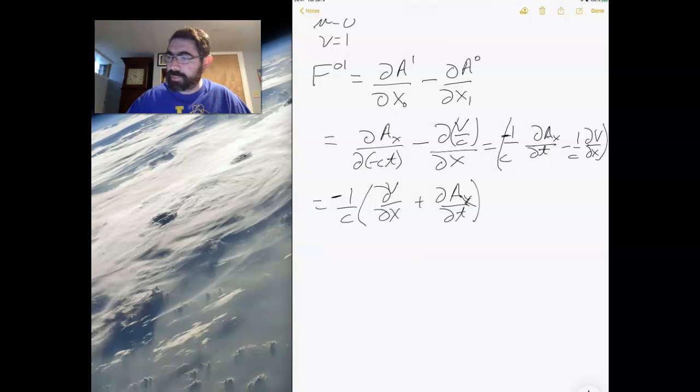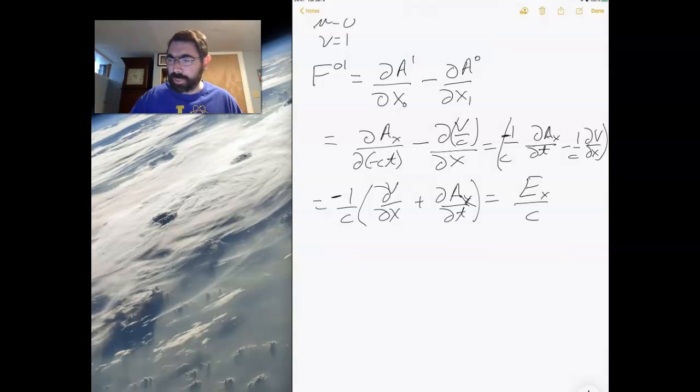So this is the x component of what we wrote down before. So this is essentially Ex over c, which is what that term F01 is. F01, if you look back at the field tensor matrix, is Ex over c.